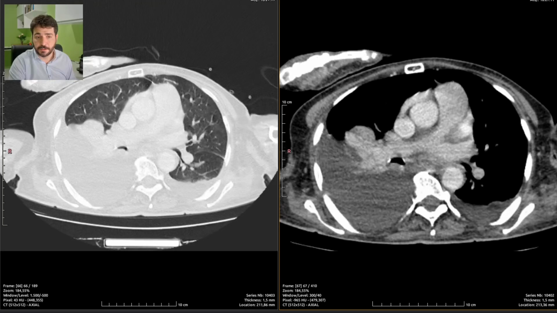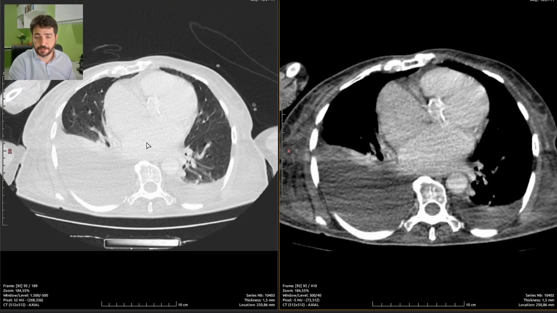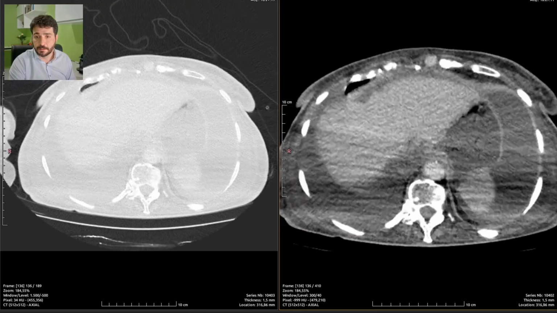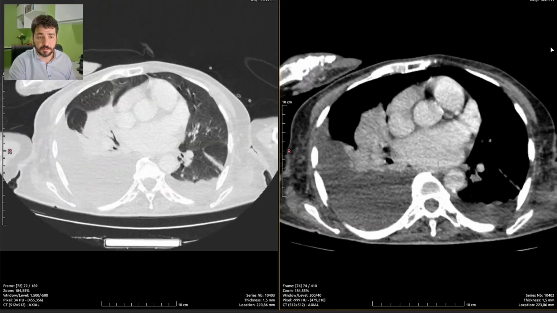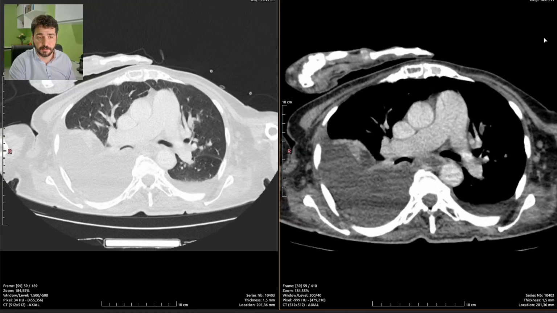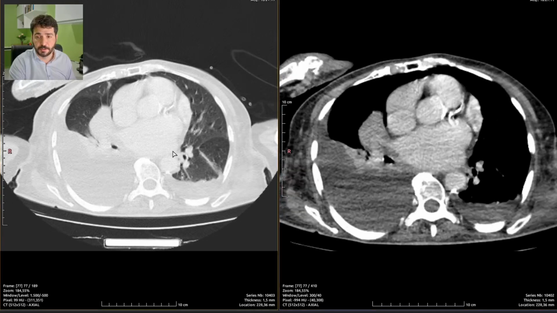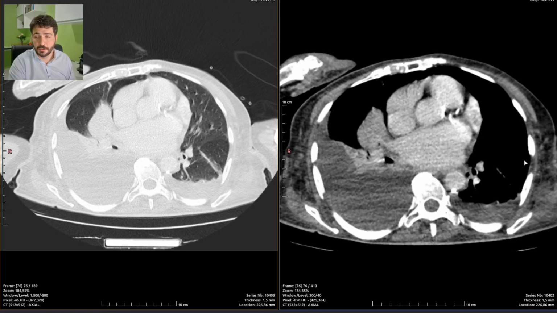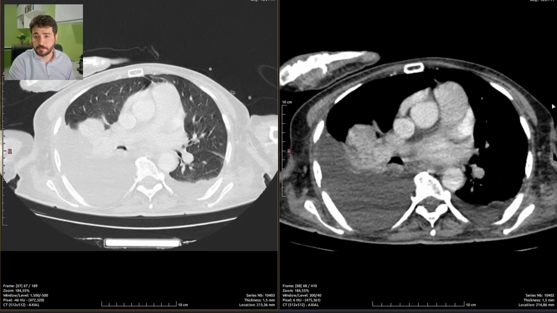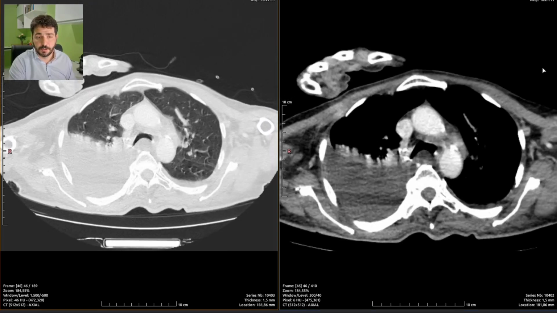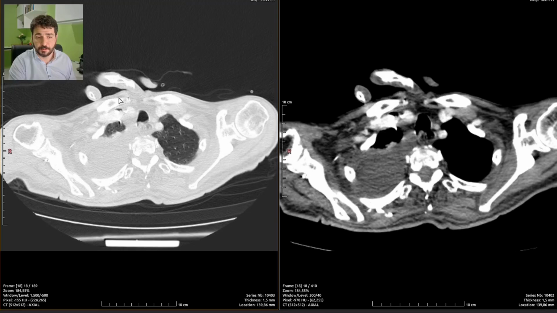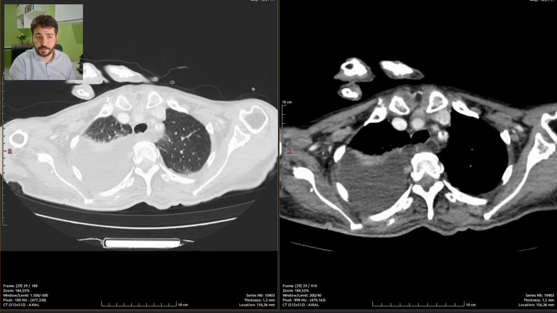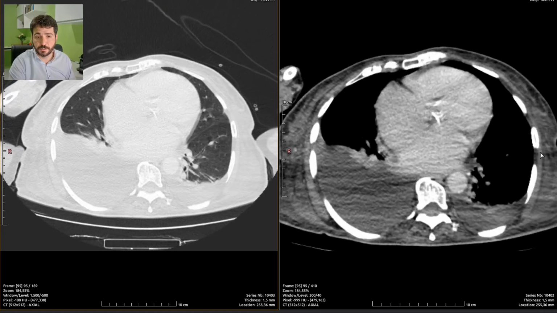We see here we have a major atelectasis of the lower lobes, especially on the right, also a partial atelectasis and anomalous filling of the airways of the middle lobe, also a partial atelectasis or collapse of the superior right lobe.